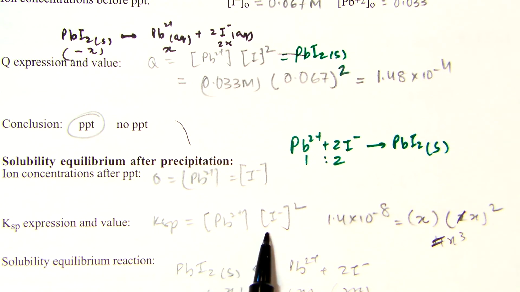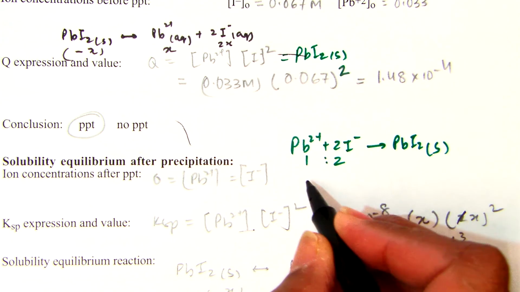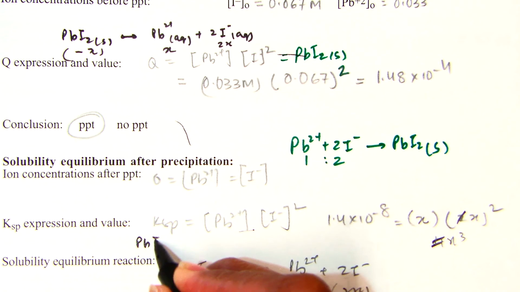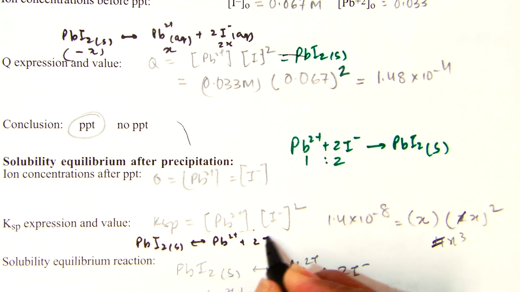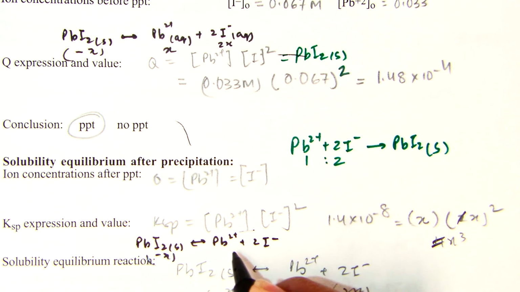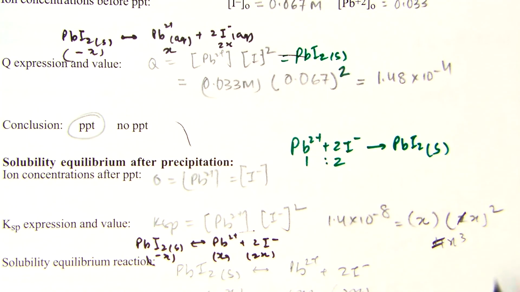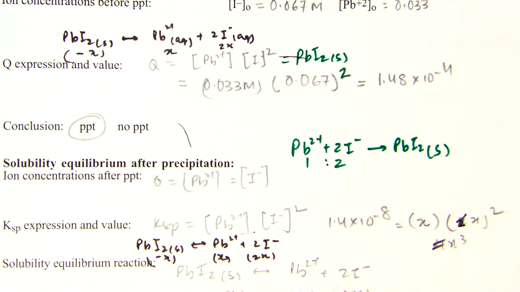We know PbI2 solid forms Pb2 plus and 2 I minus. So when X of it dissolves, X and 2X of this is formed, right? So you put X and then you put 2X of this and then you square it. And this is what confuses lots of students, right? So yes, it is 2X squared.